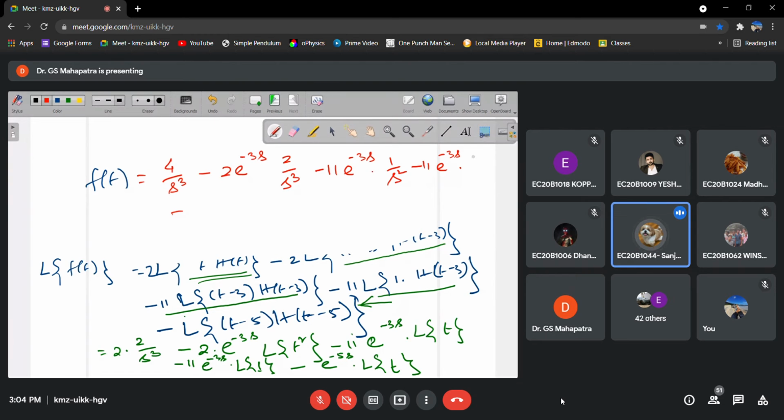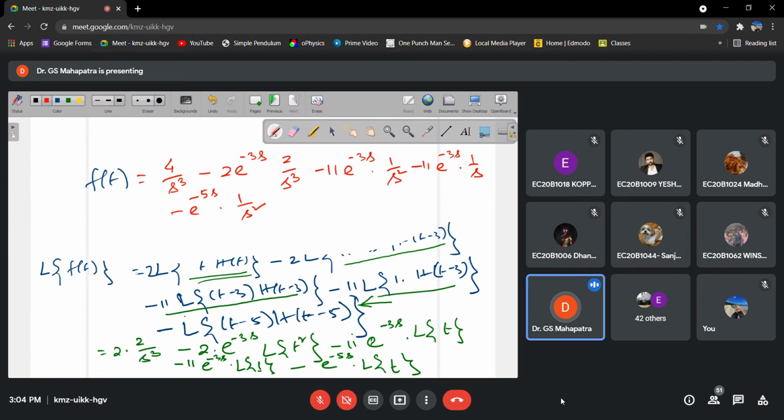This is 1 by s. Correct. And now the final one is minus e to the power minus 5s into Laplace transform of t, that means 1 by s square. So this is the answer.